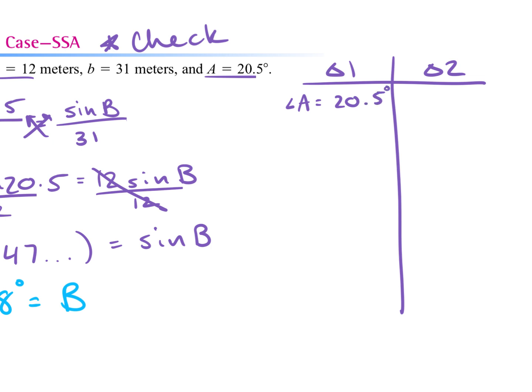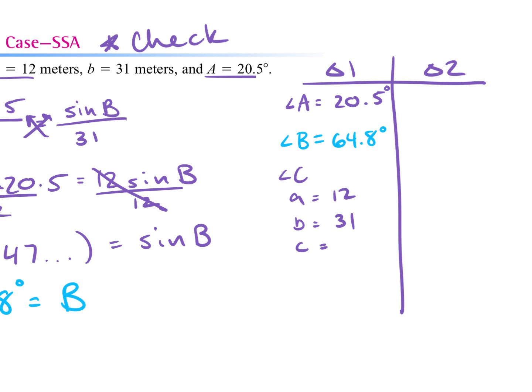We just found angle B, which was 64.8 degrees. We still have to find angle C, and then our sides A, B, and C. A is 12, and B is 31. All right, so we found two of our angles.